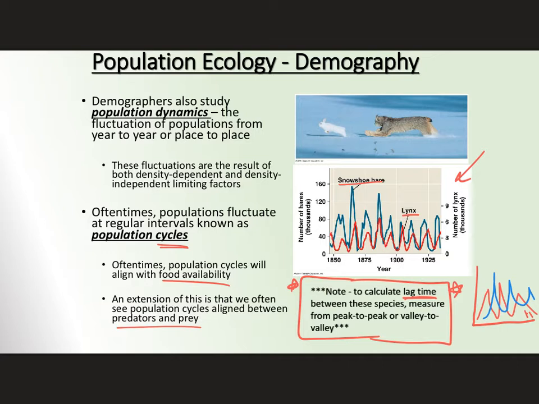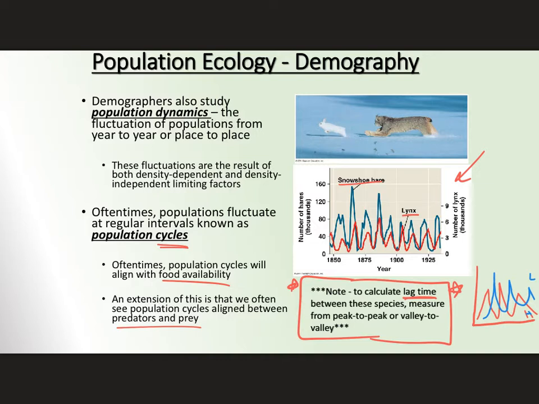Now, the way that you would estimate lag time is just a measurement between a peak for one species to the following peak of the other species, or a valley of one species to the following valley of the other species.